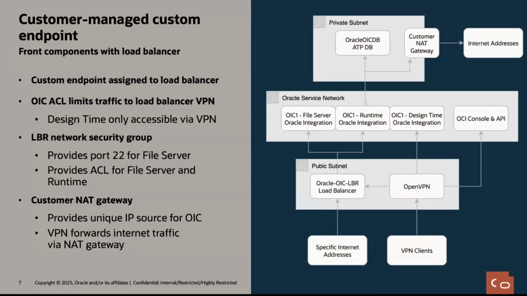What we can then do is attach load balancing or put in network security rules on the load balancer to restrict it to specific internet addresses that are allowed to come in. There we can typically have a couple of hundred IP addresses allowed.